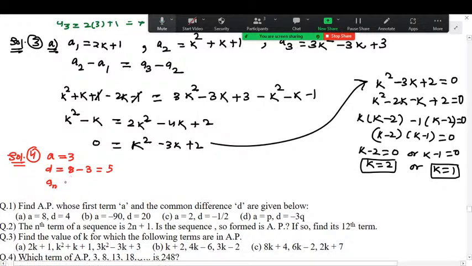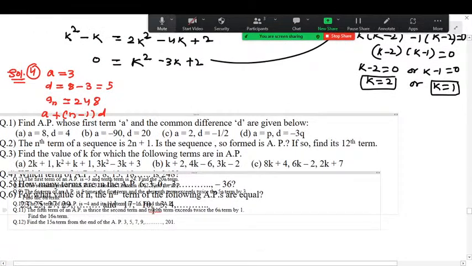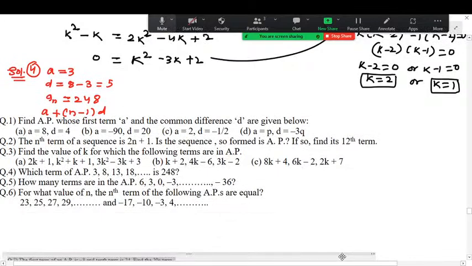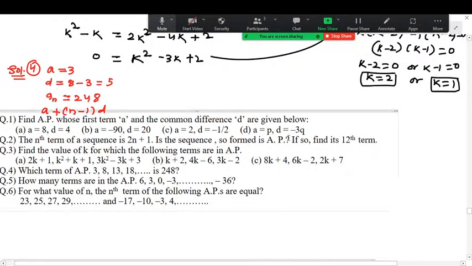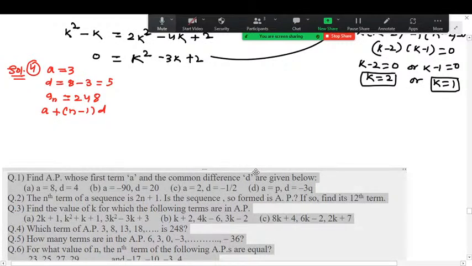Now what you can do here is just apply the formula of the nth term, which is a plus n minus 1 into d, and further if you solve this, you can just obtain your answer by substituting all these values.